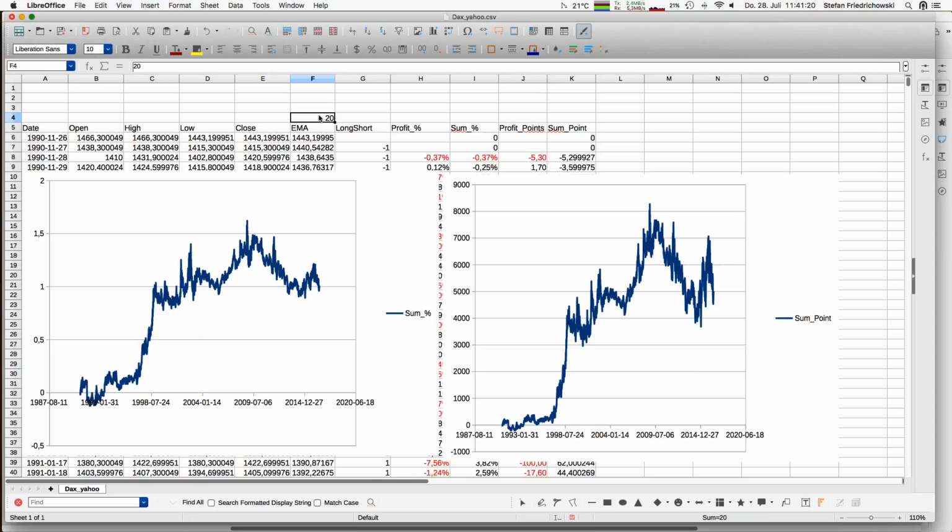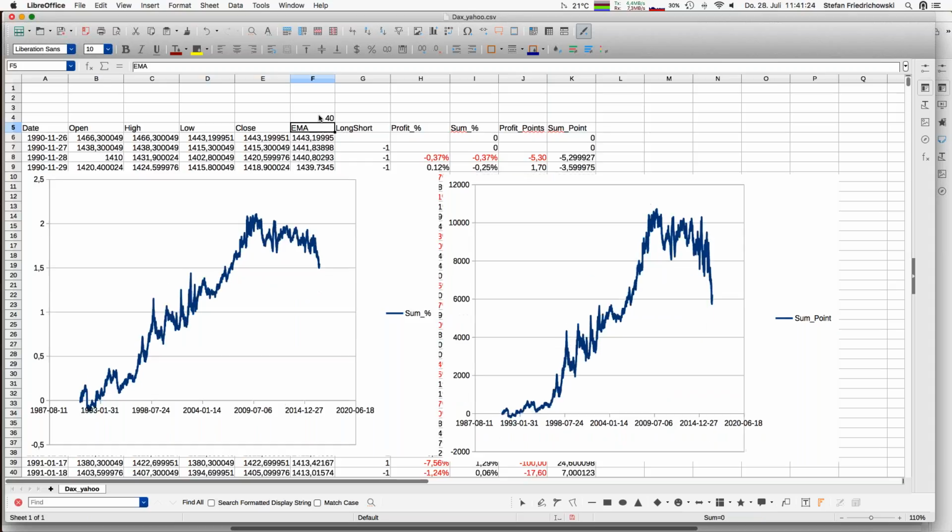So that is a quite short period. Let's, in the first step, just double that number. Then you can see, oh yeah, it's getting better, especially if we look percentage-wise, which would be the better way to optimize the strategy, because the historical values were quite low, and now we have numbers of 10,000 for the DAX.